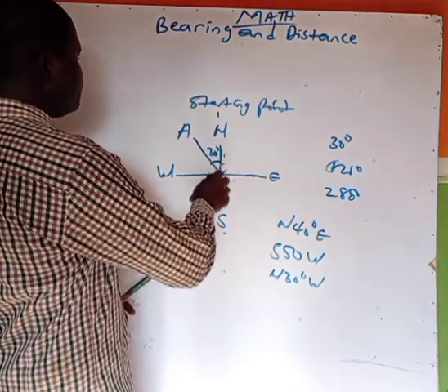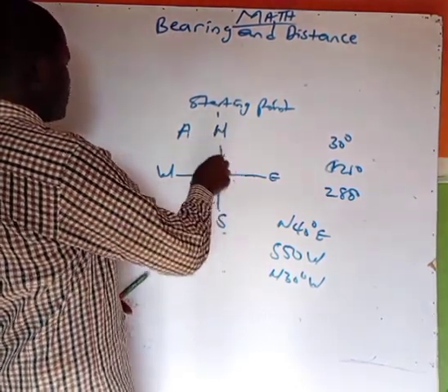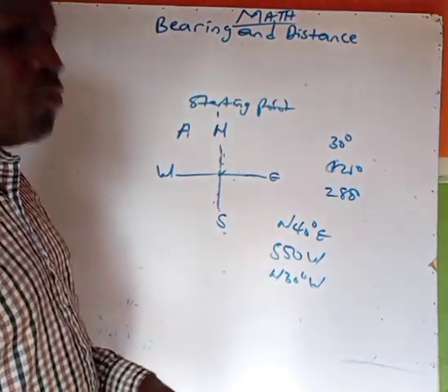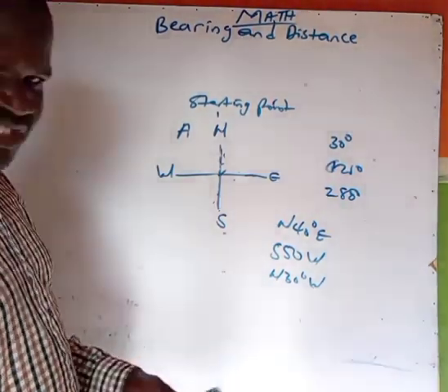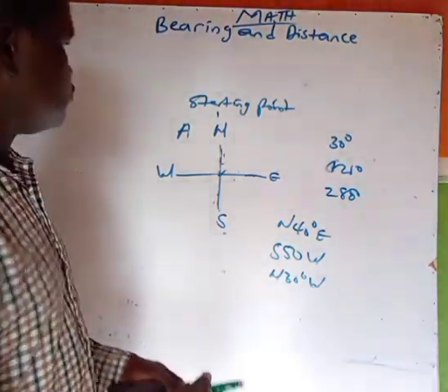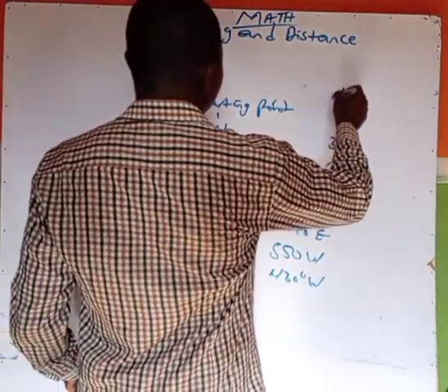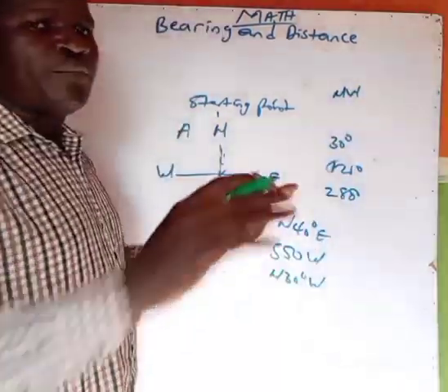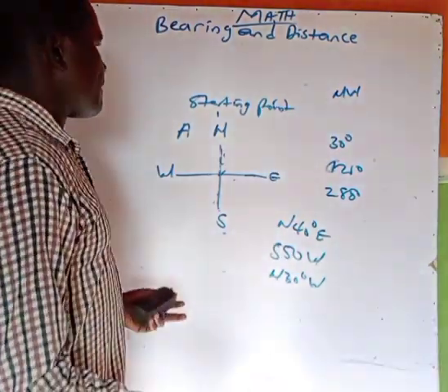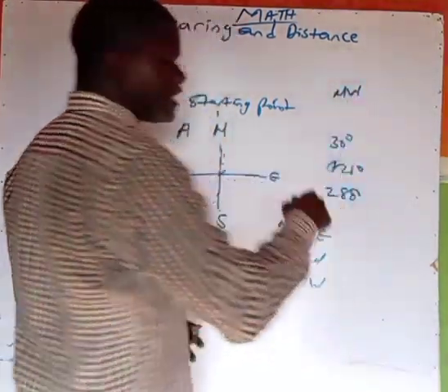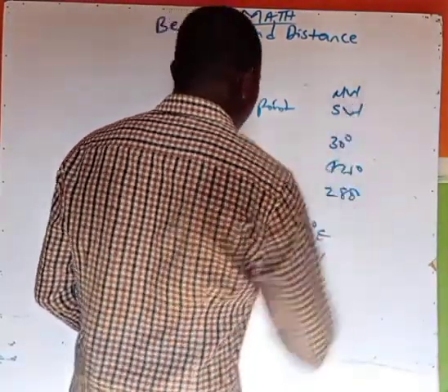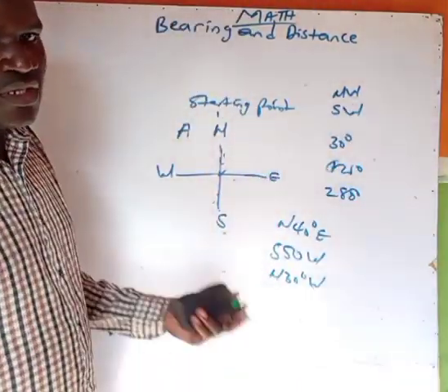Another way they can give you bearing or direction is to tell you that an aeroplane moved northwest. Maybe they tell you that it moved due northwest. They do not give you any number, whether 30, 40, 50, whatsoever, but they simply tell you that it moved northwest or southwest, as the case may be.